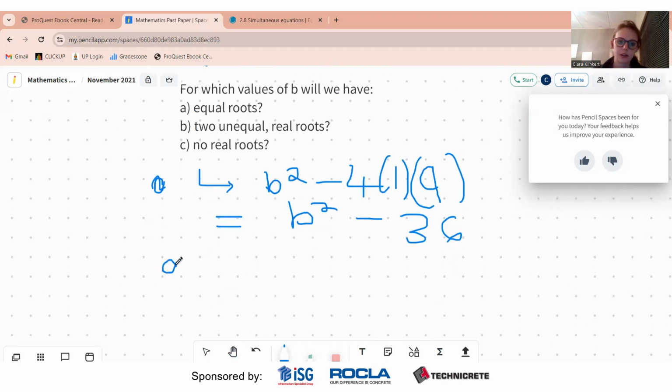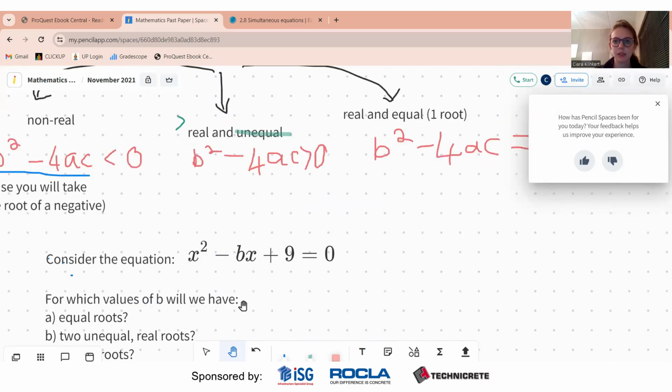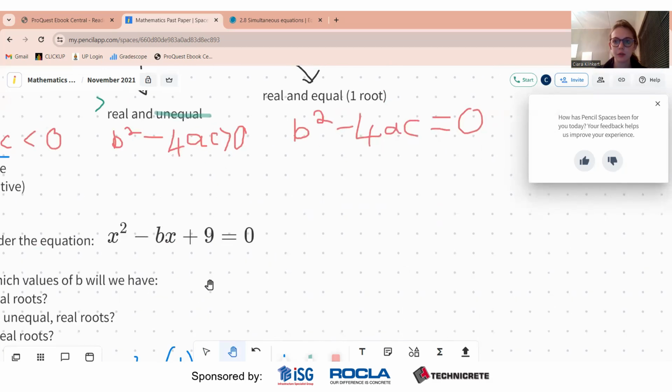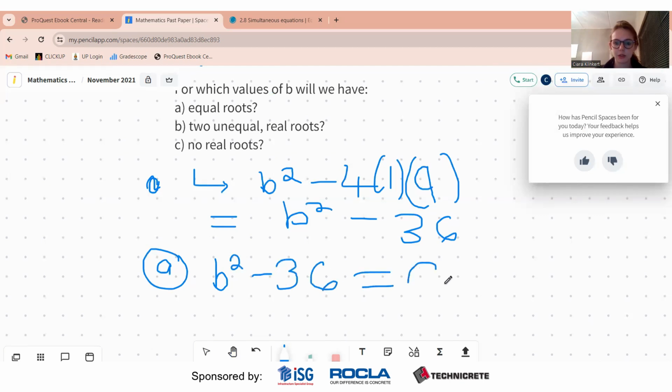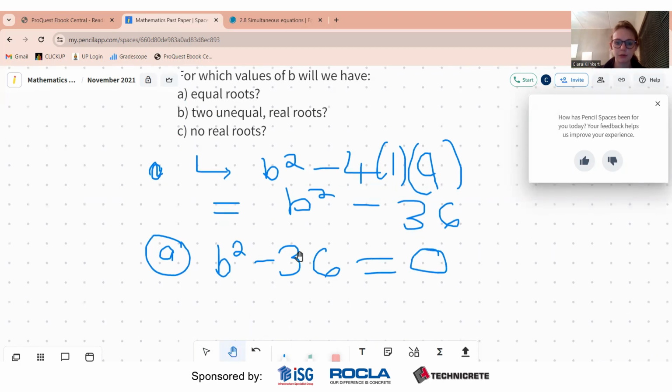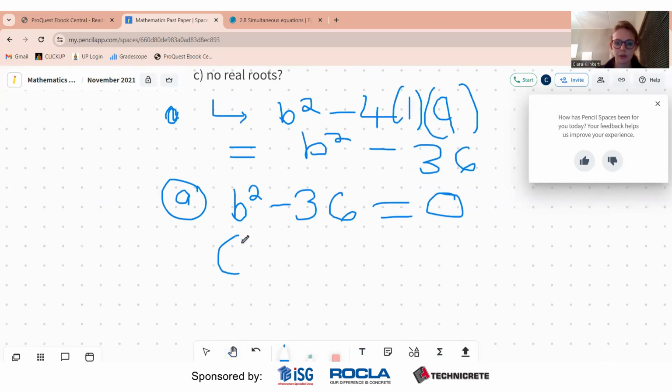Now I will consider the different scenarios. To have equal roots, do you agree we need to have that b squared minus 4ac is equal to 0? So I'm going to set the b squared minus 4ac in this case, which is b squared minus 36, equal to 0. If I factorize and solve, it's a difference of squares, so it's b minus 6, b plus 6 is equal to 0.